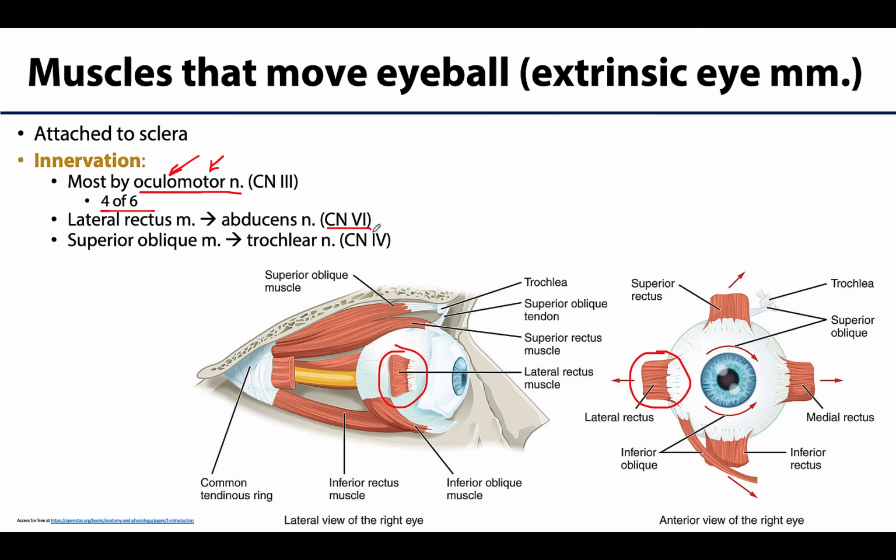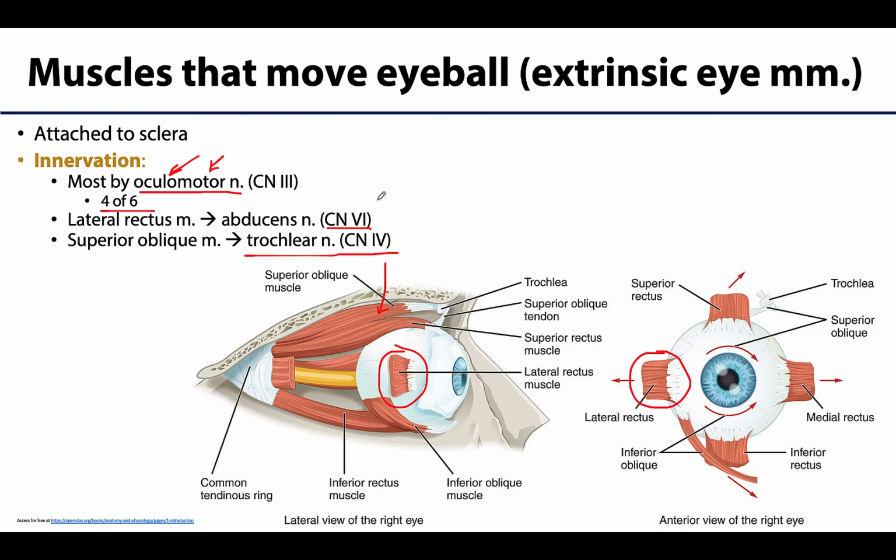And the superior oblique, which is way up here, is going to be innervated by the trochlear nerve or cranial nerve 4, which is the smallest cranial nerve. And so the only thing that the abducens does is innervate lateral rectus. And the only thing that the trochlear nerve does is innervate superior oblique.